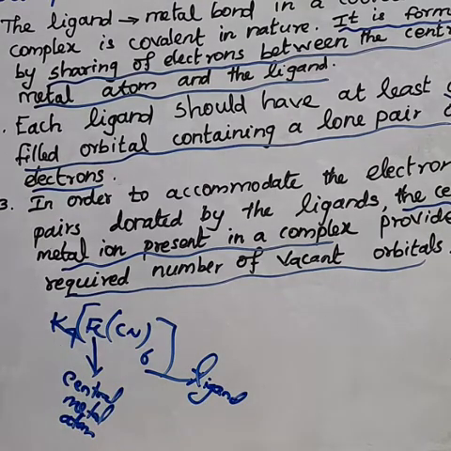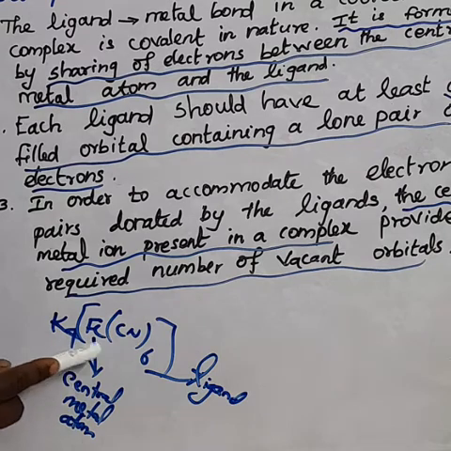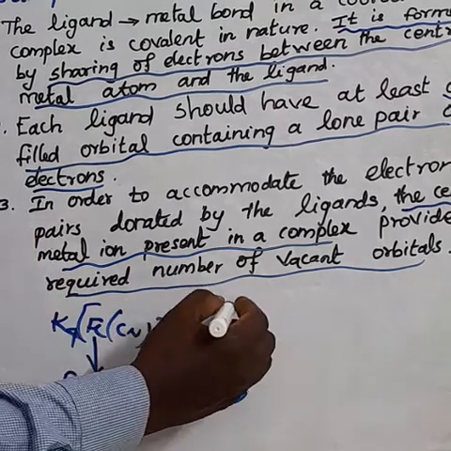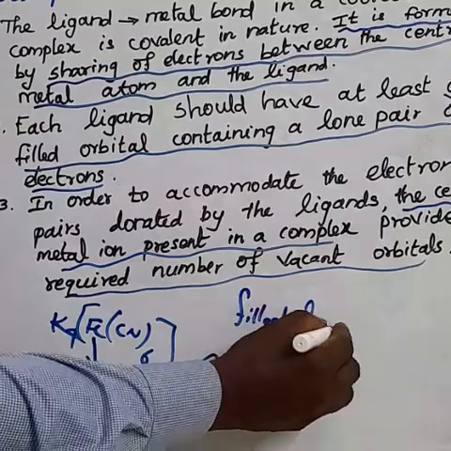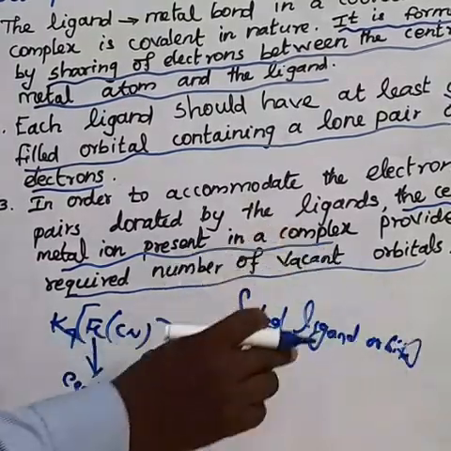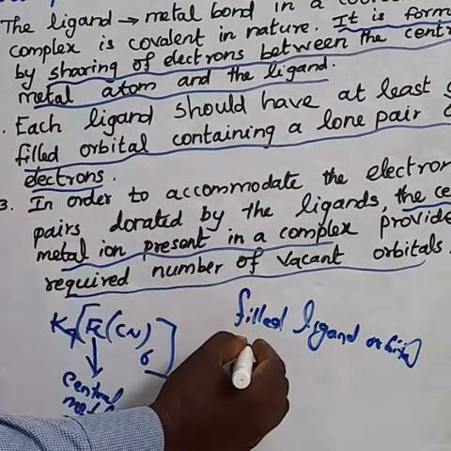He explained that a bond is formed between the central metal atom and the ligand due to the overlap of a filled ligand orbital containing lone pair of electrons.